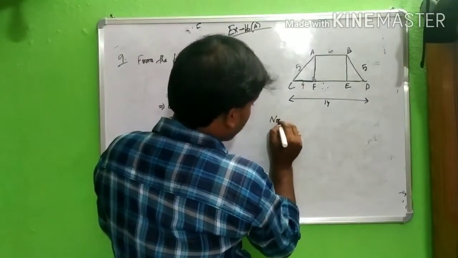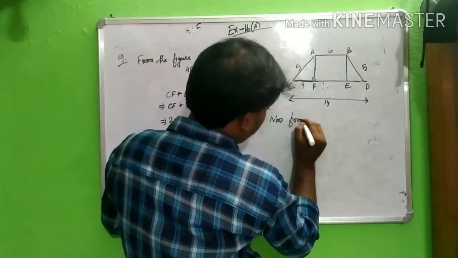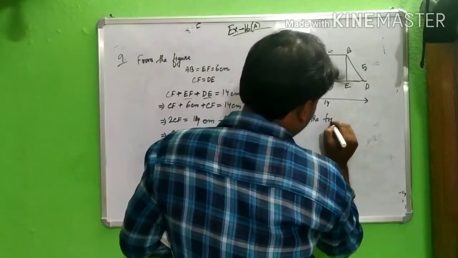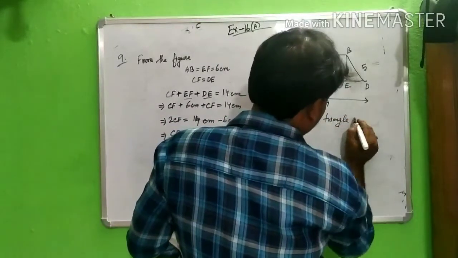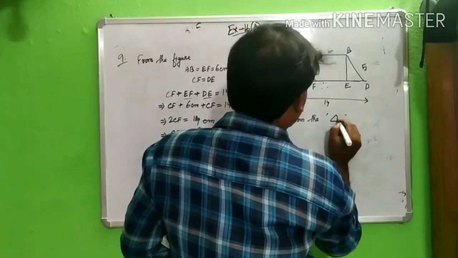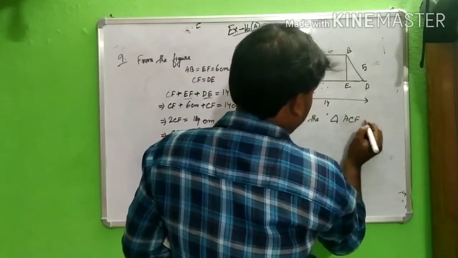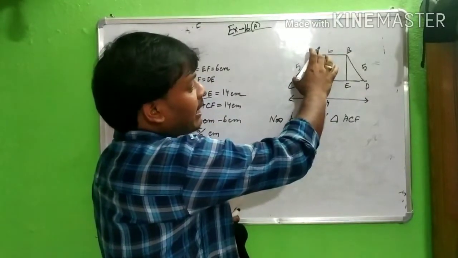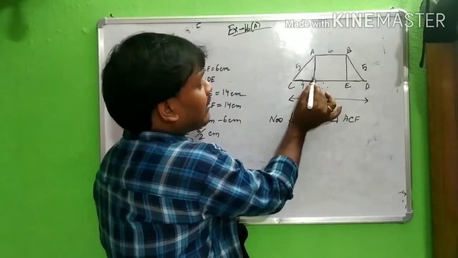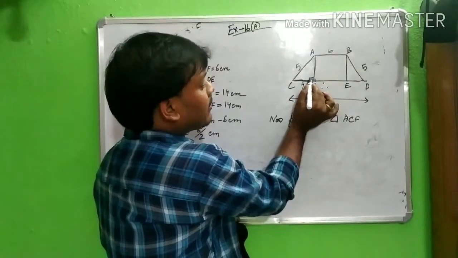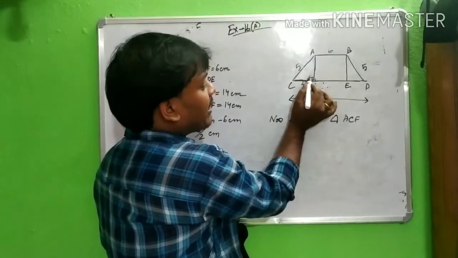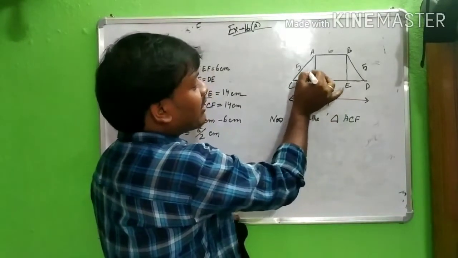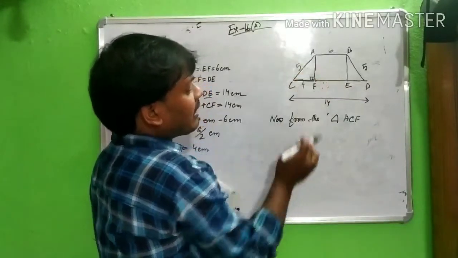Now from the triangle ACF, which is the hypotenuse? AC is the hypotenuse, and the hypotenuse is always opposite to the right angle. So it is the right angle, and the side opposite to the right angle is AC, and AC is the hypotenuse.